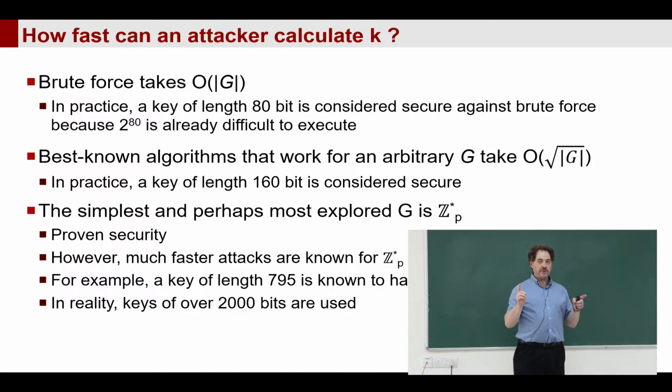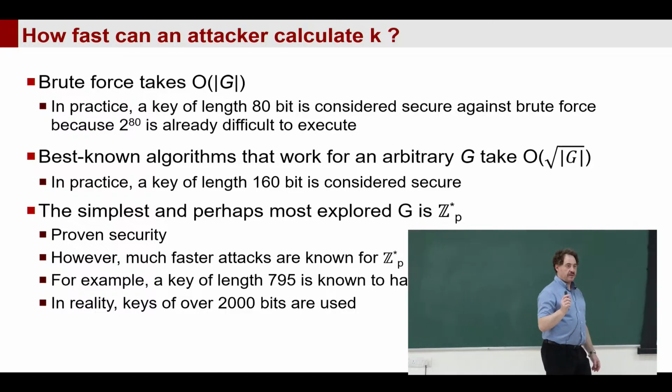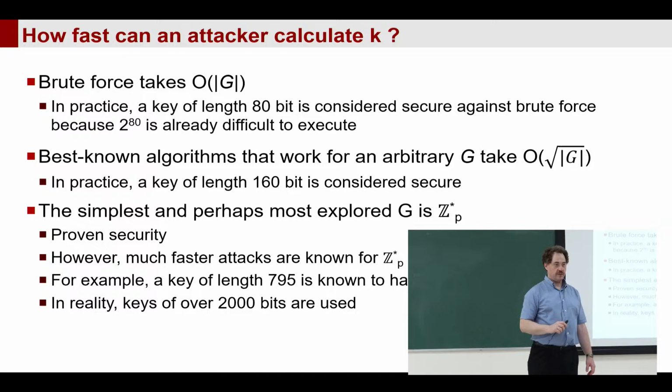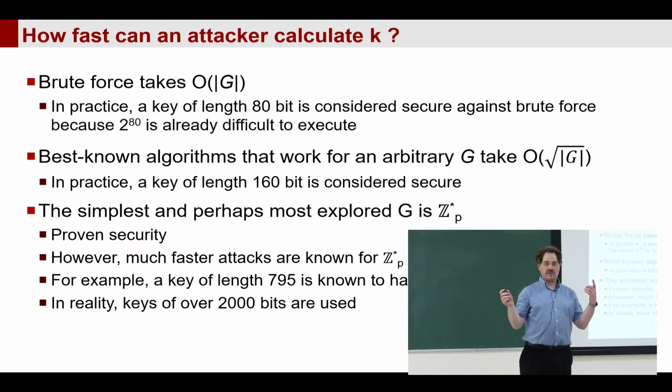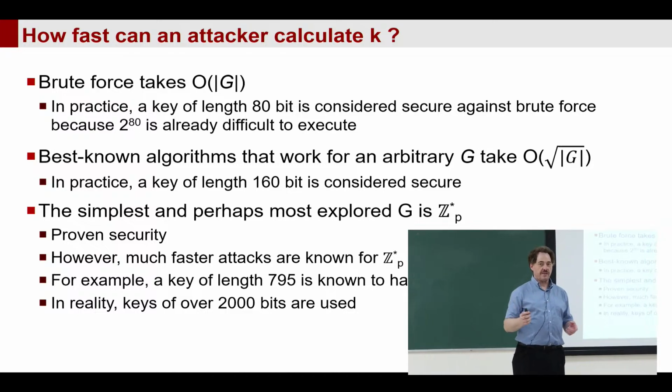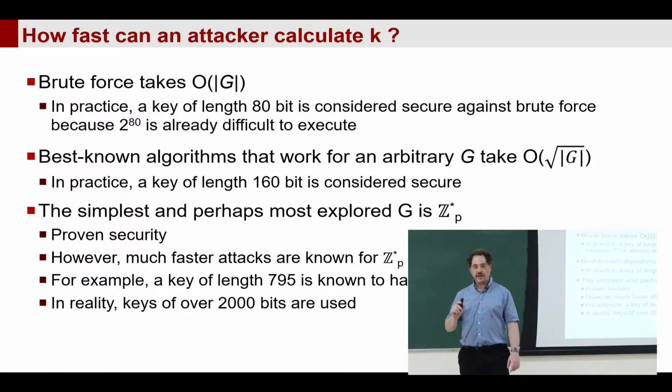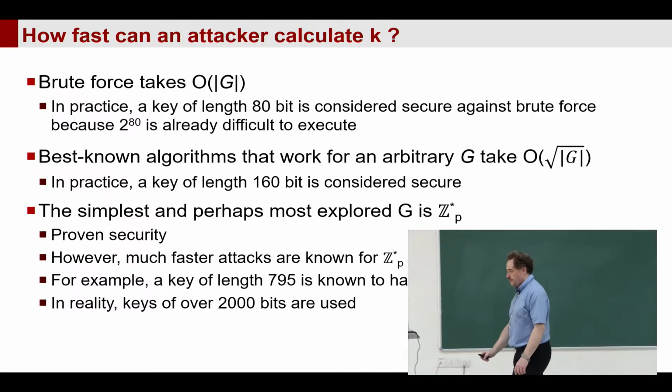That would take a number of operations which is linear with K. Because the attacker doesn't know K, the attacker cannot do this trick which Alice did. The attacker cannot divide K by half and get a number of operations which is logarithmic with K. The attacker needs to do it in a linear way, and that's much more inefficient.